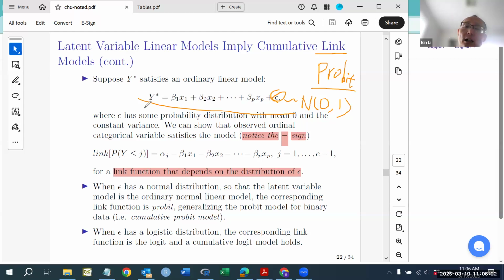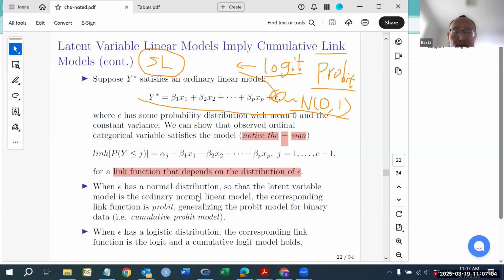Is that clear? But if we use the Logit link, so that's the cumulative Logit model, then the epsilon does not follow the standard normal distribution, but follows a standard logistic distribution. There is a probability distribution called the logistic distribution, and the epsilon follows the standard logistic distribution. That corresponds to the cumulative Logit model.